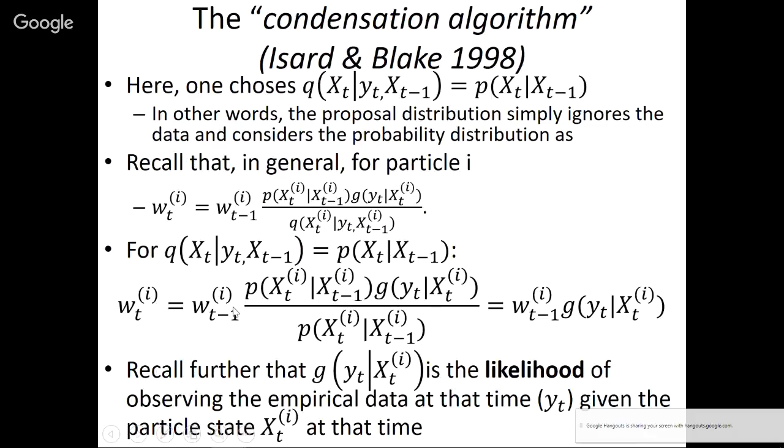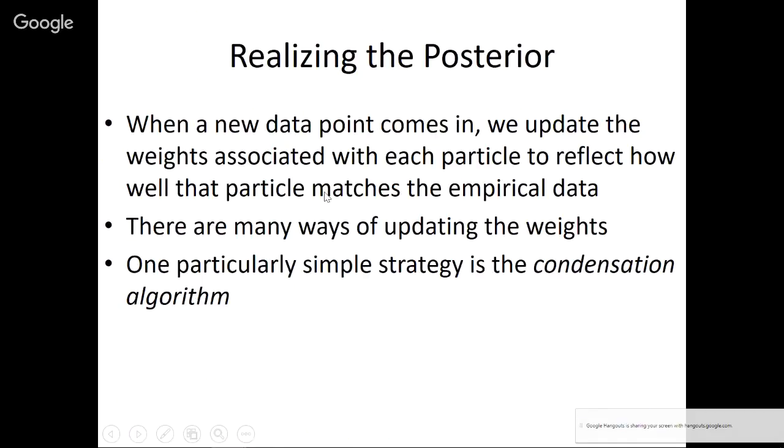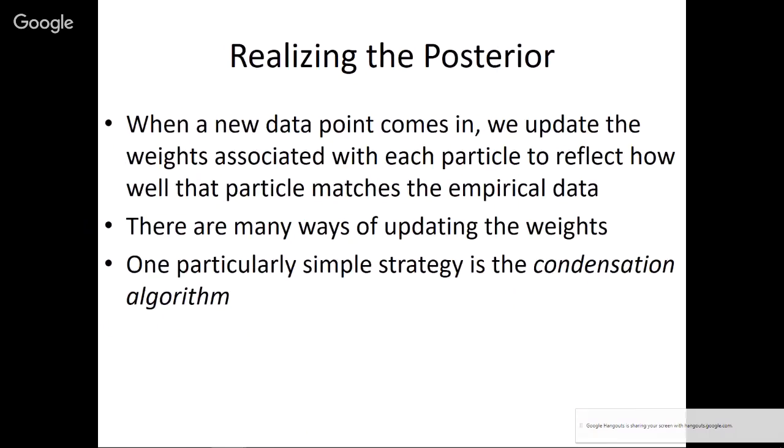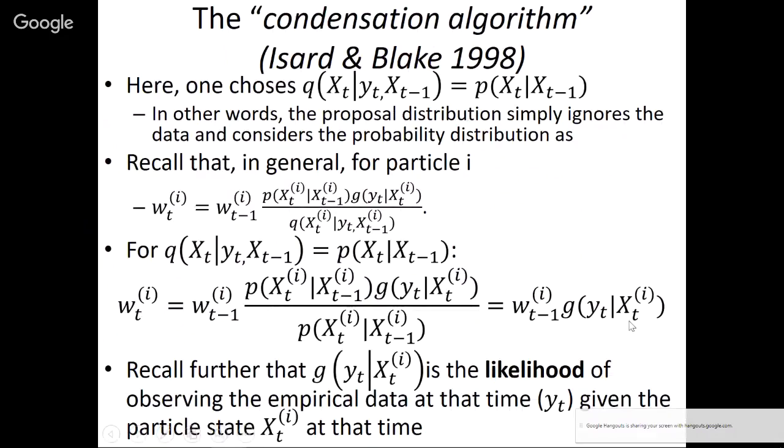A particularly simple strategy is what's known as the condensation algorithm. This is going to be the subject of a later talk, so I'm not going to go into this in detail. Time is running short. But here we update the last weight we had for the particle simply by multiplying it directly by the likelihood. So this whole complicated thing we saw right here all collapses down to just g of y of t given x of t.